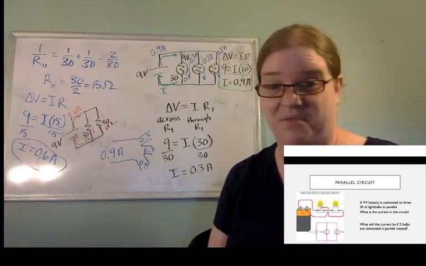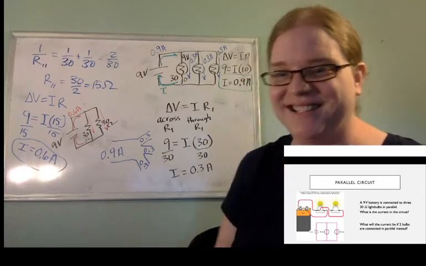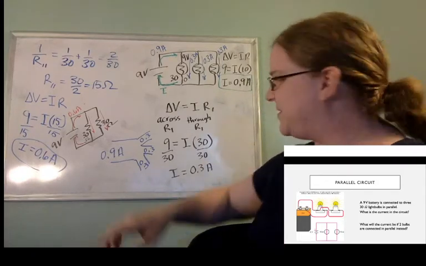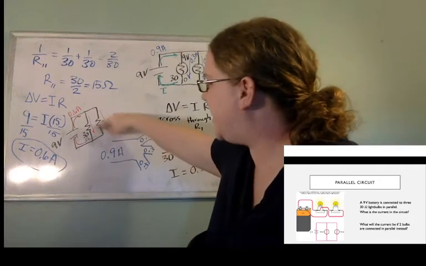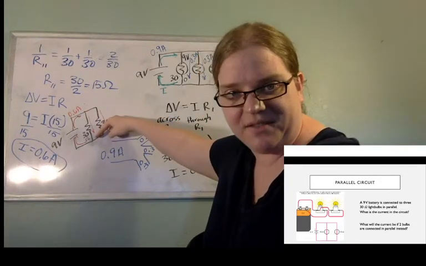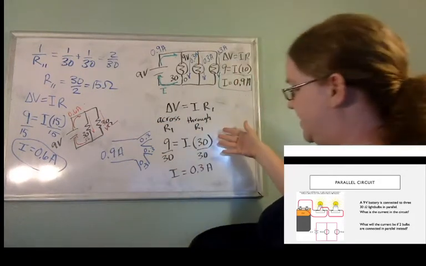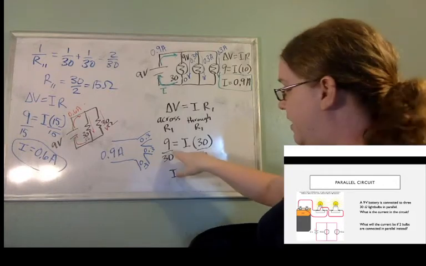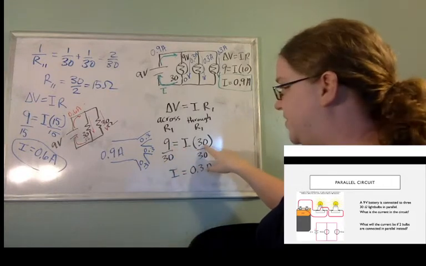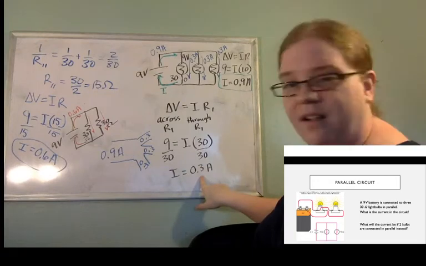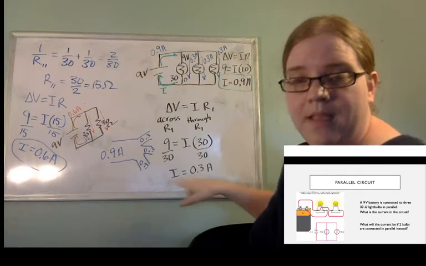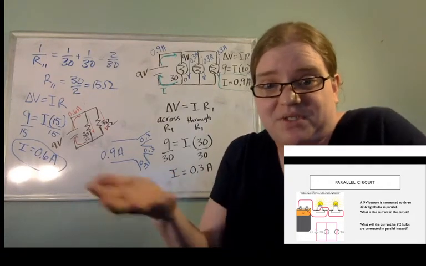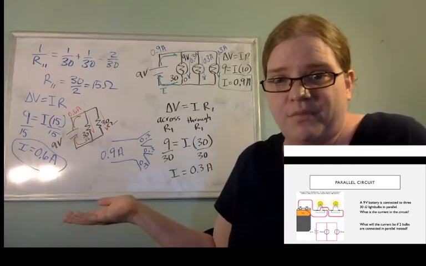Frankie says 0.3. You're right. If we look here, again, we've got our 9 volts down to 0, and we have 30 ohms. It's the same as this equation again. 9 volts equals I times 30 ohms. We divide by 30, we get a current of 0.3, because these resistors are the same. They're all 30 ohm resistors.